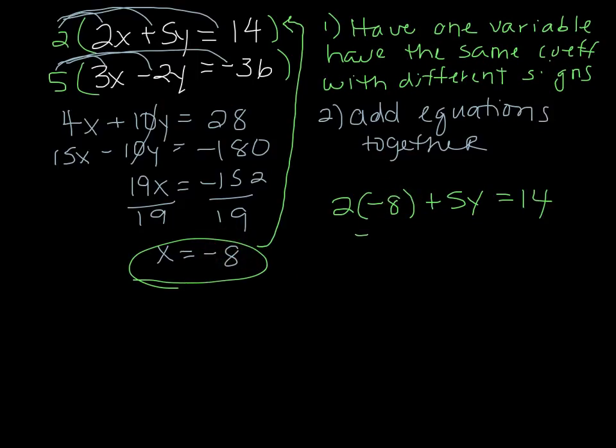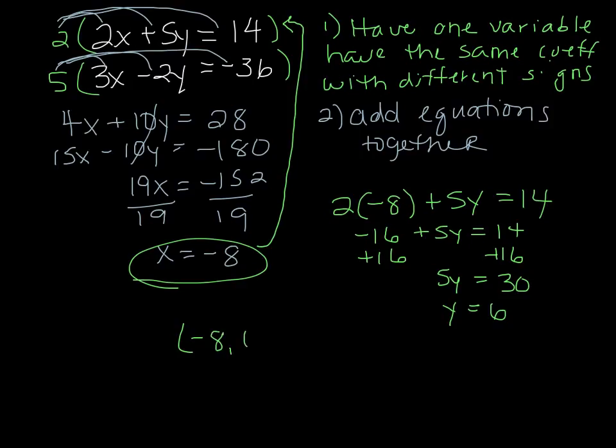So we're going to go ahead and simplify. So negative 16 plus 5y equals 14. Add 16 to both sides, and we get 5y equals 30. So y equals 6. So again, remember we write our answer as an ordered pair. X comes first, y goes second. If you can do those two problems, you've got a pretty good handle on this section.